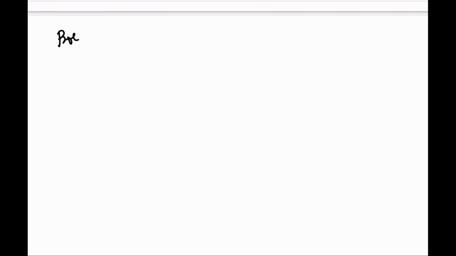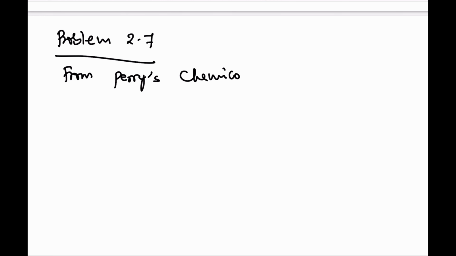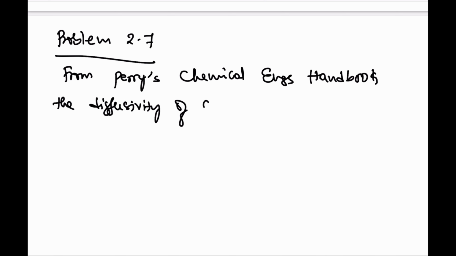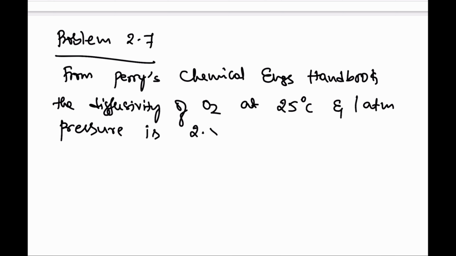Problem 2.7. From Perry's Chemical Engineer's Handbook, the diffusivity of O2 at 25 degrees centigrade and 1 atmosphere pressure is 2.5 x 10^-5 cm^2/s.